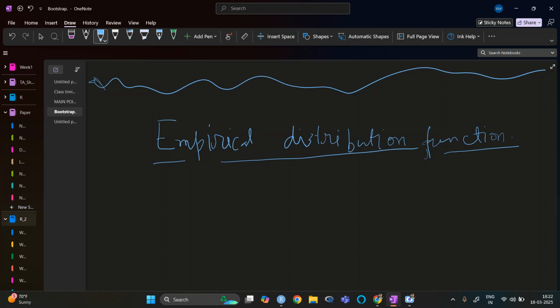That is how we define the empirical distribution function: how many times it is coming, divided by the whole. If we have some data and we cannot define its cumulative distribution function, and we do not have information regarding that, then we use this concept of empirical distribution function.